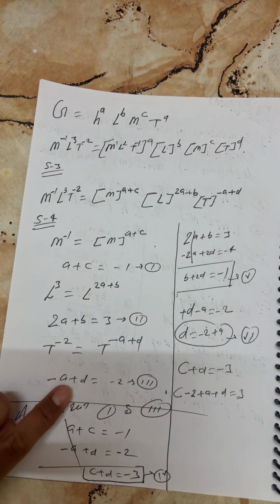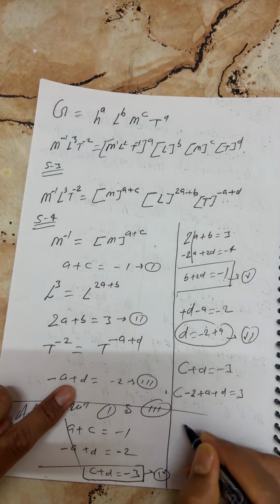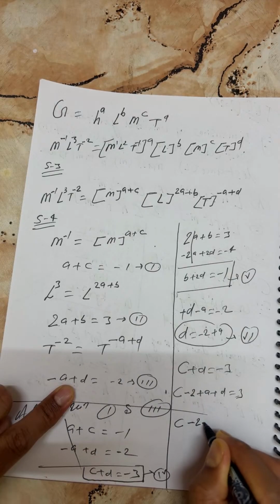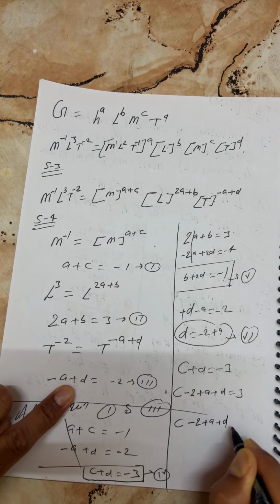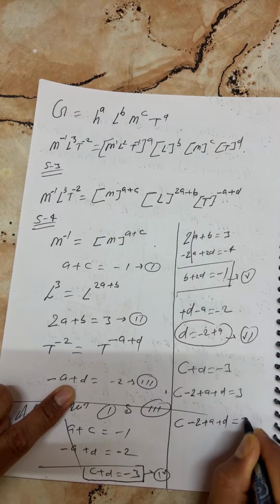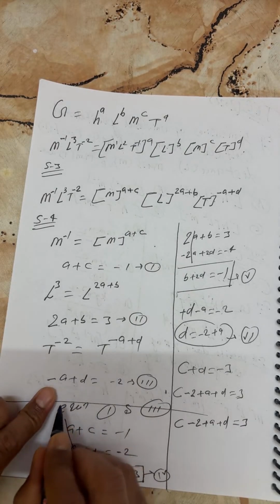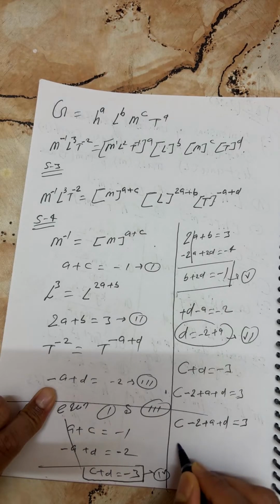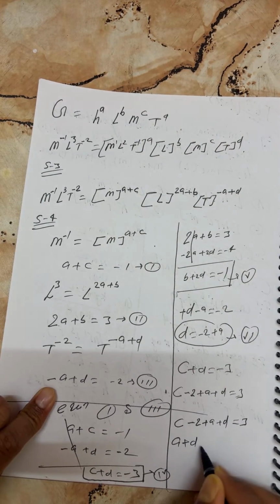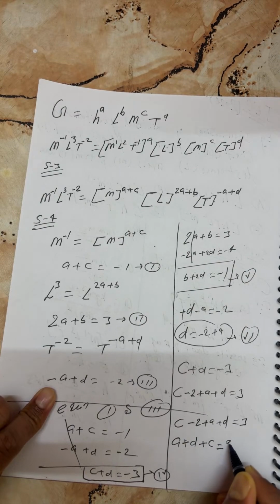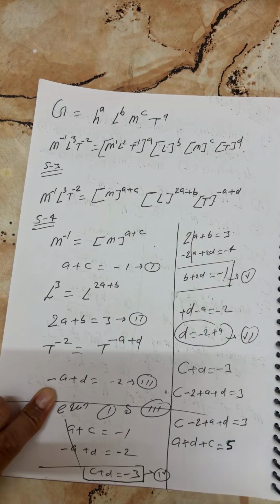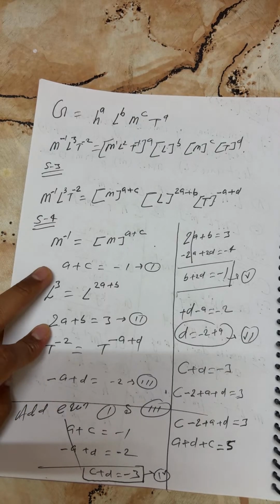Rearranging, just mathematics: a plus d plus c is equal to 3 plus 2, that is 5. So a plus d plus c is equal to 5 here. We have the ac relation.